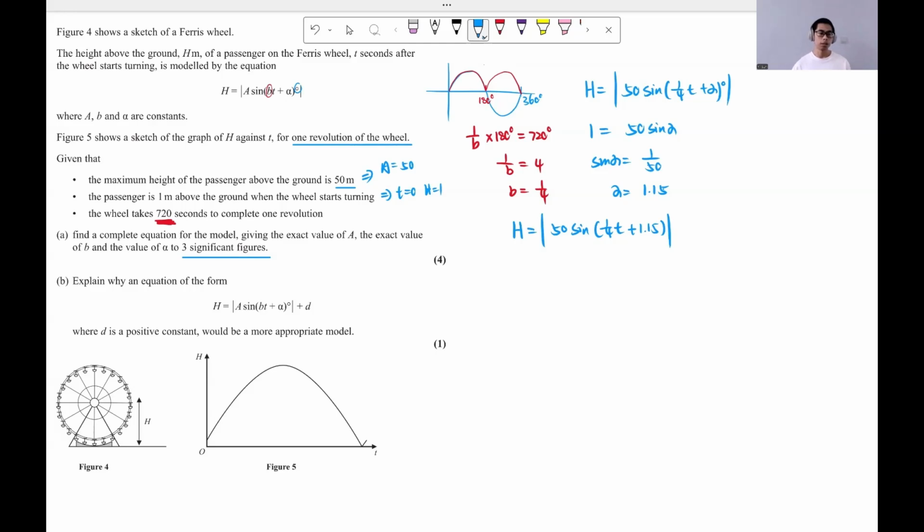And then part D. Explain why an equation of the form h equals the modulus of the same equation plus d, where d is a positive constant, would be a more appropriate model.